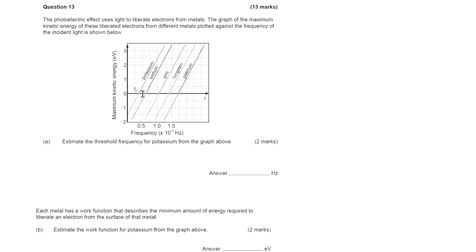So it would be around halfway between 0.25 and 0.5, so about 0.37, 0.38 by 10 to the 15 hertz. So let's just write that down. Something to note is that they've told you to estimate, so you should be looking at 1 or 2 significant figures at the most, not 3.